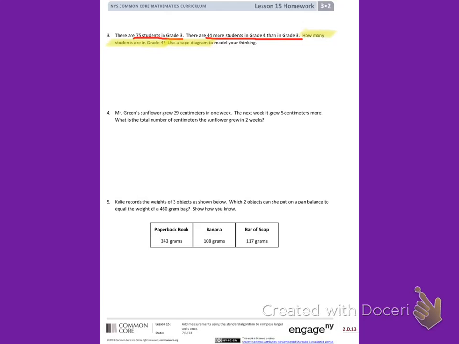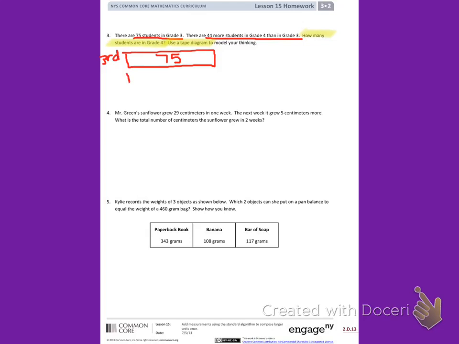I will draw a rectangle. Inside of this rectangle, I will write the number 75, and I will label this third. So I remember that this rectangle or tape diagram shows how many kids are in third grade.